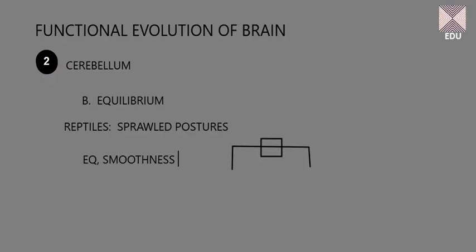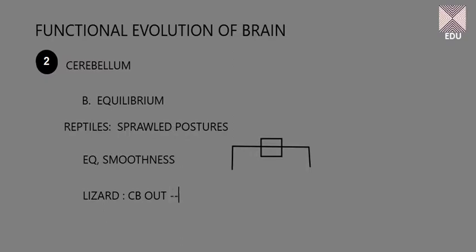If you have to take a leg from a particular place to the next point, it should be smooth. This smoothness to the movements is given by the cerebellum. If I take out the cerebellum from a lizard, suppose I take the example of a lizard and I take out the cerebellum, so what happens?